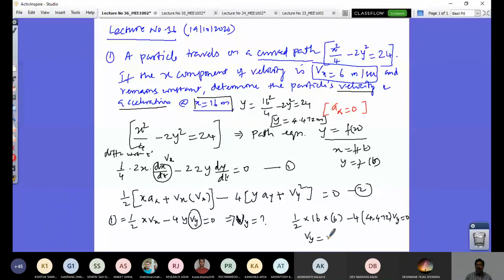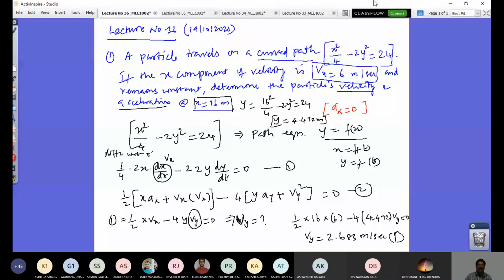So vy equals 2.683 meters per second. This is a positive value, so its direction is vertical. And the Vx direction is horizontal, Vx is 6 meters per second to the horizontal. So I can get my velocity magnitude and its vector form.